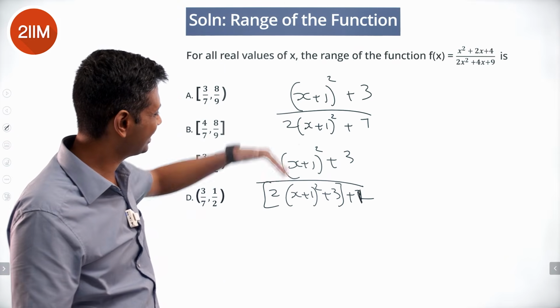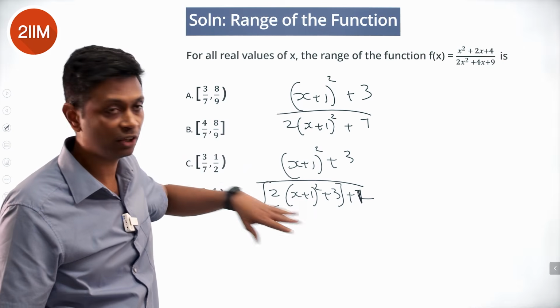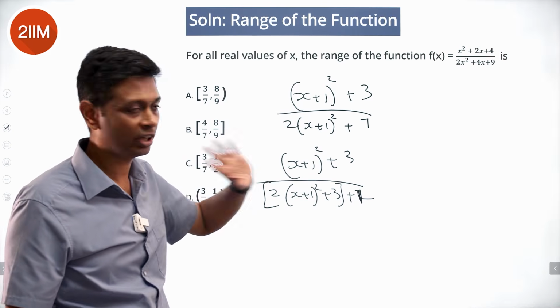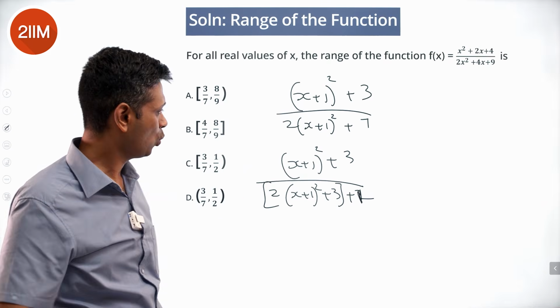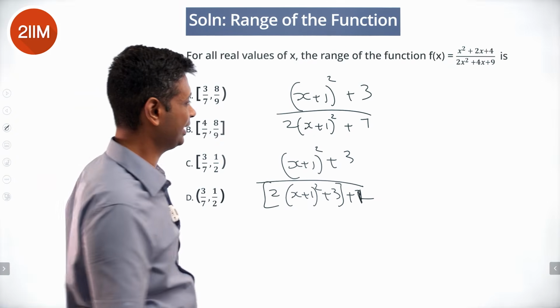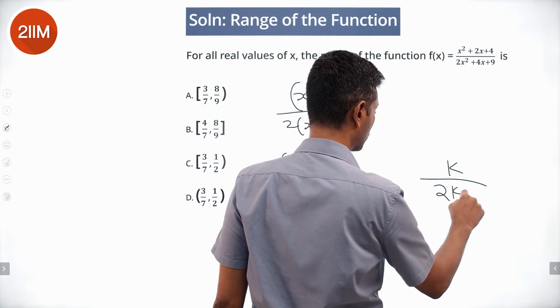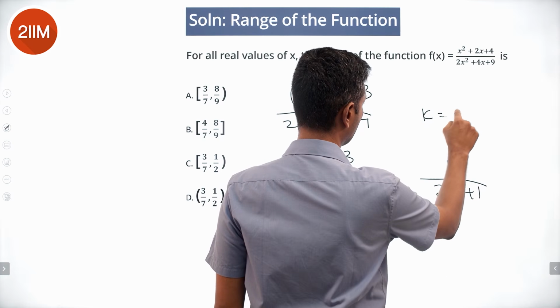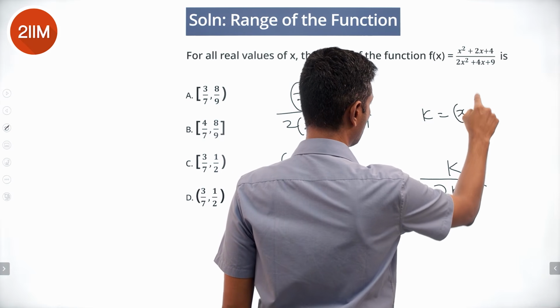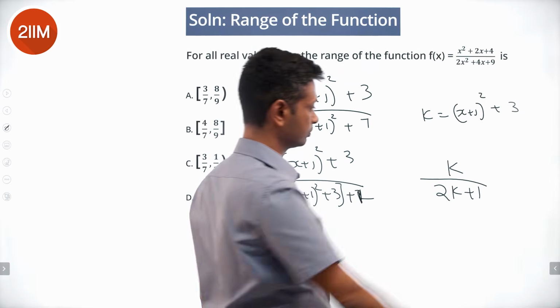Right, so I'm writing the same numerator, replicating it in the denominator, and then plonking a plus 1 outside of it. Wonderful. So x plus 1 whole square plus 3, I'm going to call it k. This is k by 2k plus 1, where k is x plus 1 whole square plus 3.